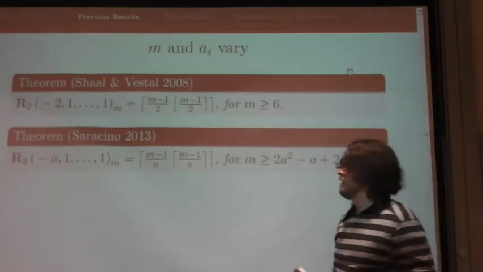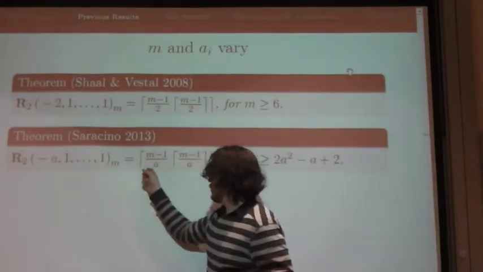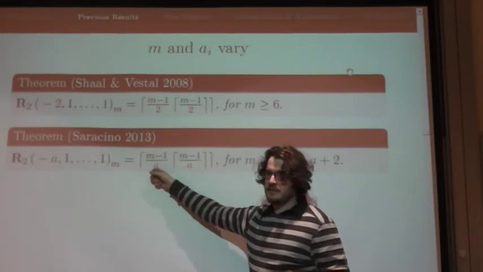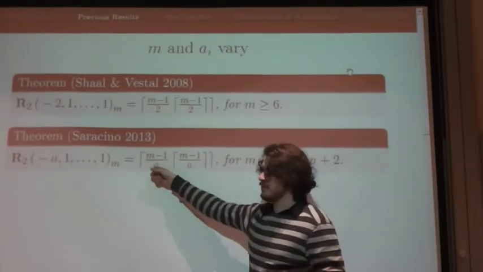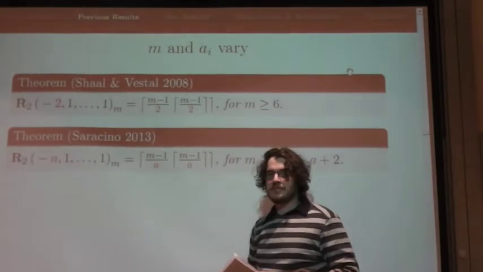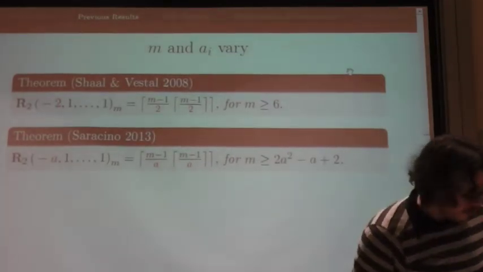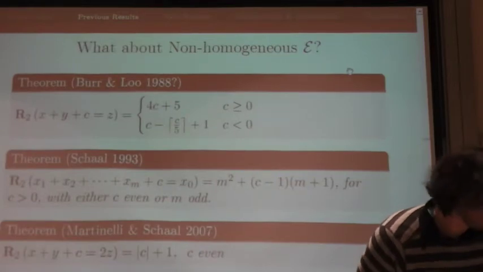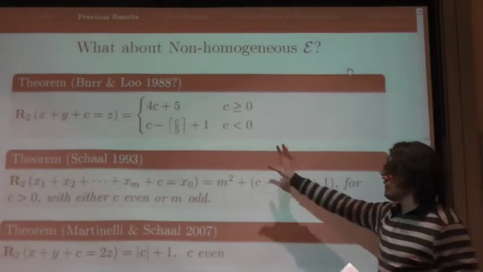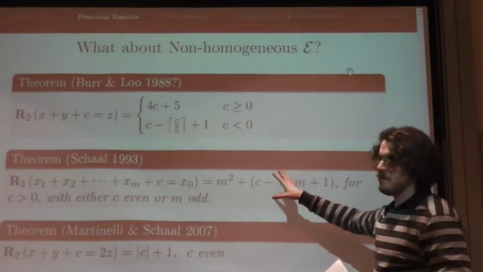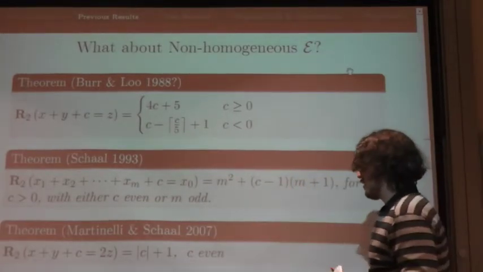So here, this is kind of a really interesting result, because now, for the first time, one of our coefficients shows up in a denominator of a floor, but it's still in a denominator. So something else is going on there. And just as a sample of other stuff that's a slightly different flavor than what I tend to be interested in, there are plenty of non-homogeneous equations that people have studied.